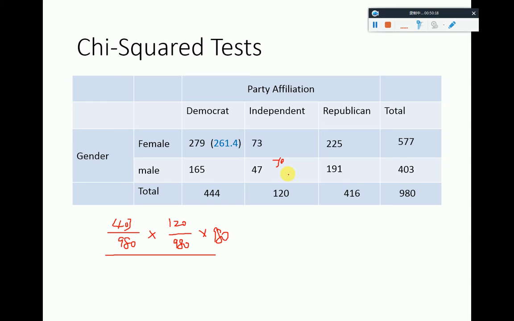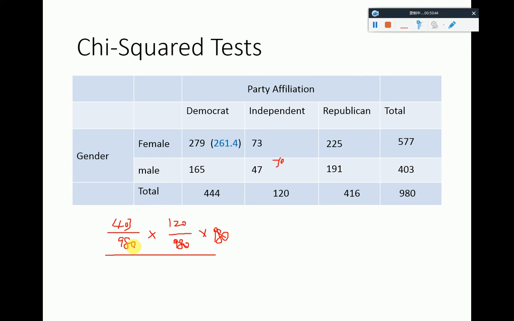Okay, let's do this together. So first of all, you will notice that this 980 will cancel out this 980. That becomes these two being multiplied and then divided by the sample size. We can do this together.